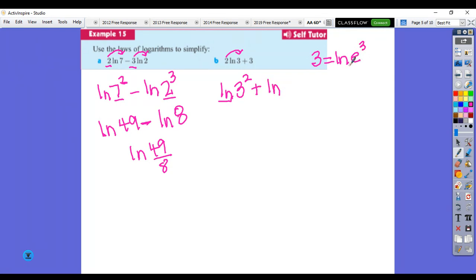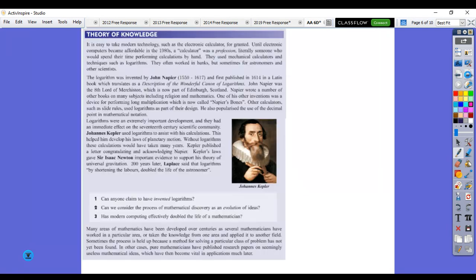That's why I'm asking ln of what equals 3, ln of e to the third. All right, 3 squared is 9. Now I condense from 2 separate logs into a single log, 9e to the third. And I think that's it.